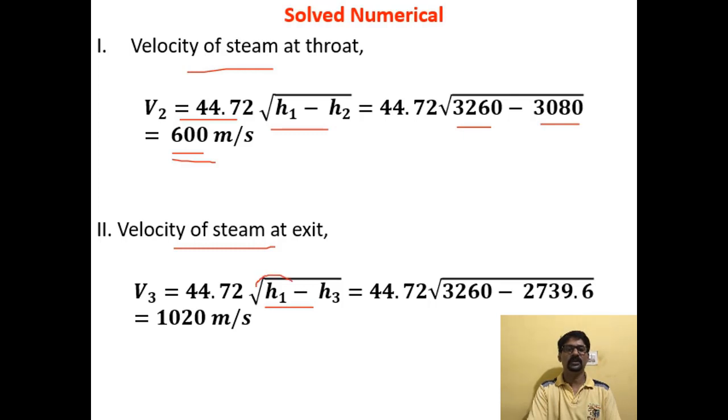See, both this is H1 as well as this is H1. So whatever the enthalpy drop, you have to consider from the inlet to the throat in this case and inlet to exit in this case. So H1 is 3260 and H3 is 2739.6. So after substitution and simplification, you will get velocity of steam at exit as 1020 meter per second.